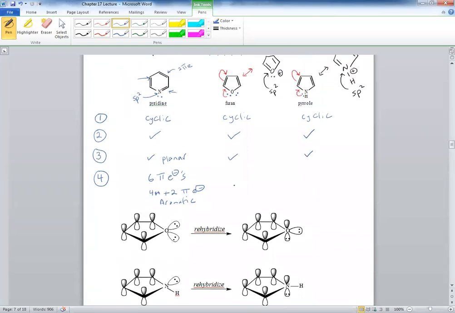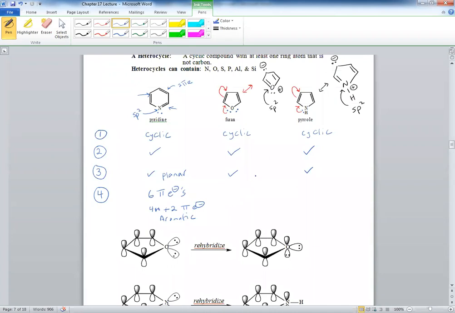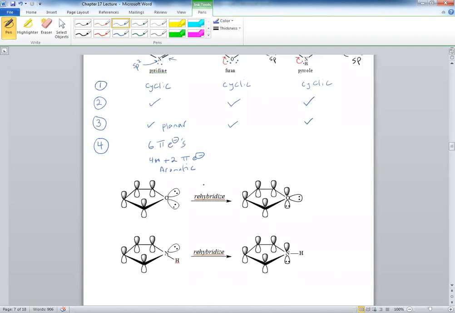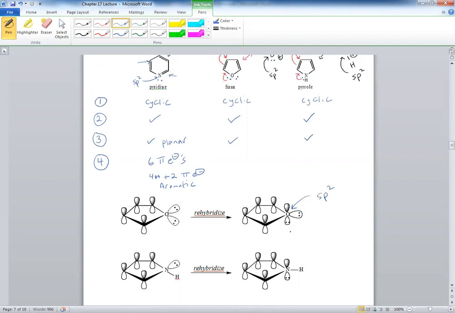So that means this is an aromatic compound. Now let's look at furan. We drew this structure, and here's a nice representation of furan. Furan rehybridizes like that, and it becomes an sp2. If you notice, only one of the lone pairs contributes to aromaticity.